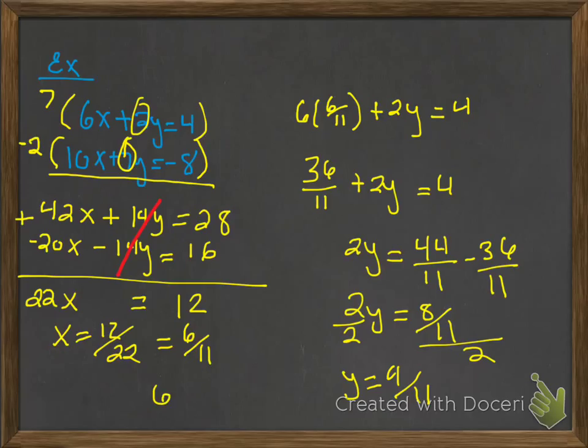So my point is 6 over 11, comma, 4 over 11. And that ends our bit on solving systems algebraically.